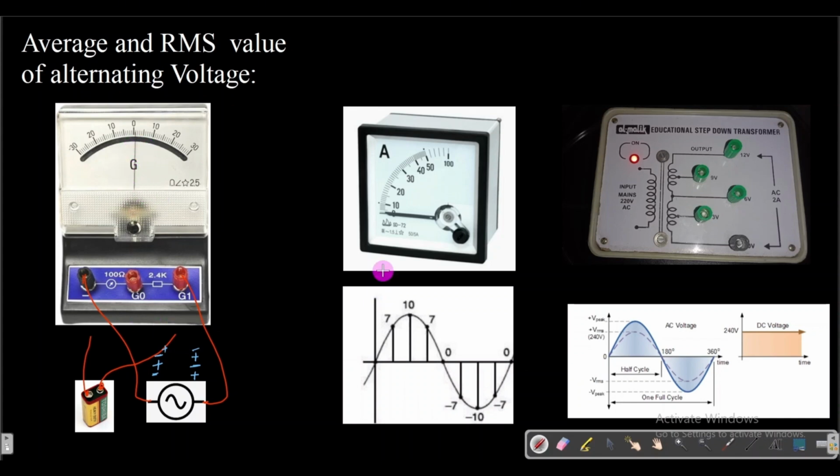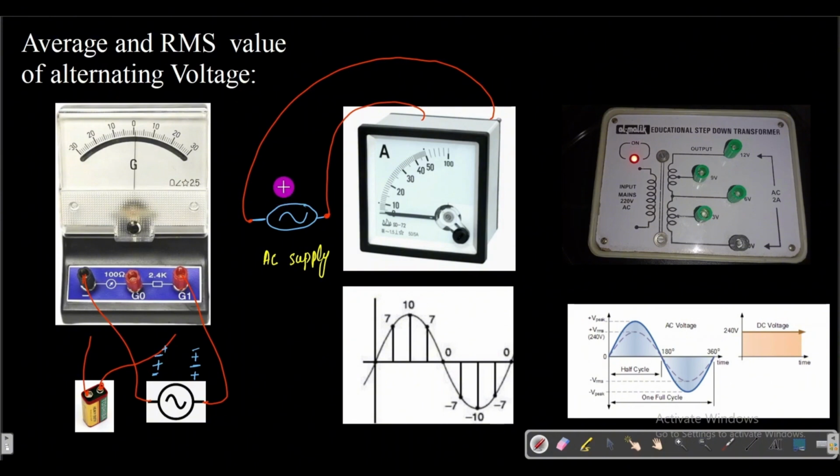On the other hand, we have this ammeter, and this ammeter is used to detect the alternating current. Even if we connect the alternating source with this ammeter, we know that this AC supply is changing its polarity and its magnitude, and due to that the galvanometer needle was vibrating.